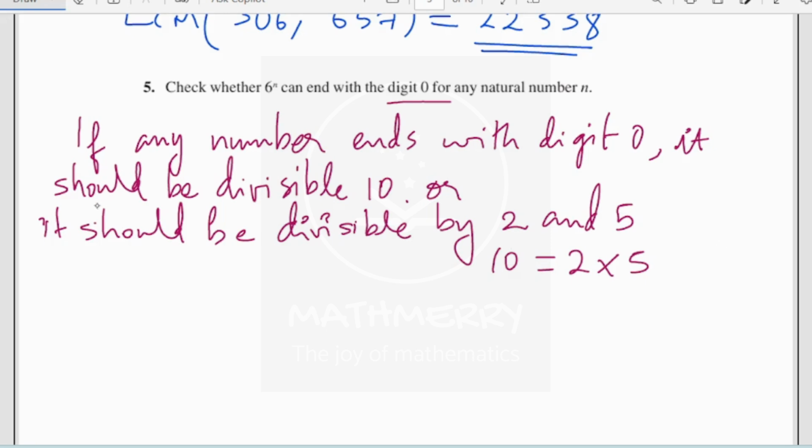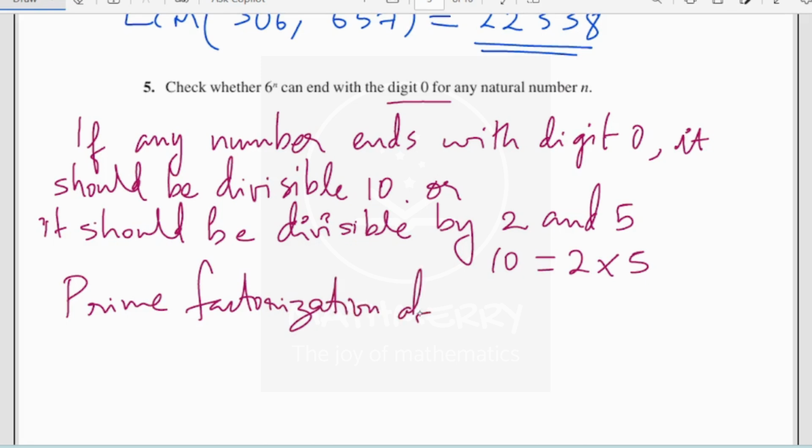Now, if we look at the prime factorization of 6 raised to n, we can write 6 as 2 into 3. Now this 2 into 3, the whole raised to n.